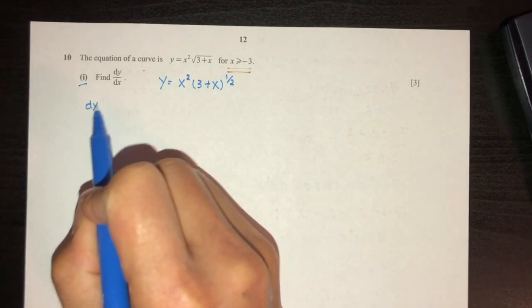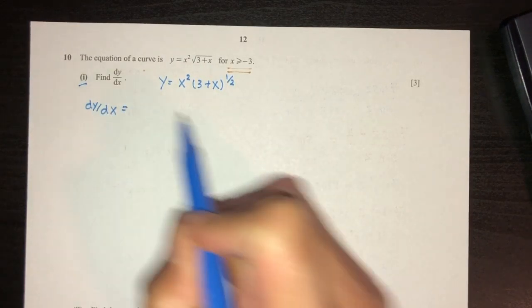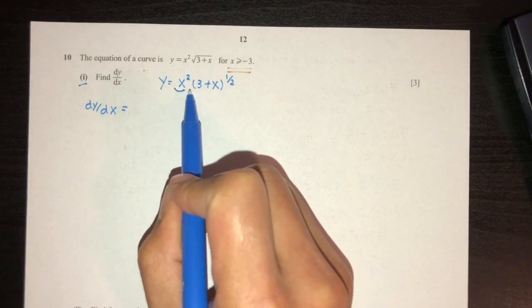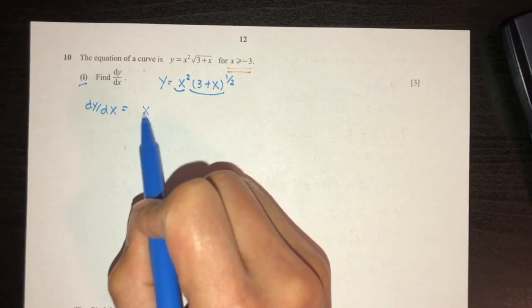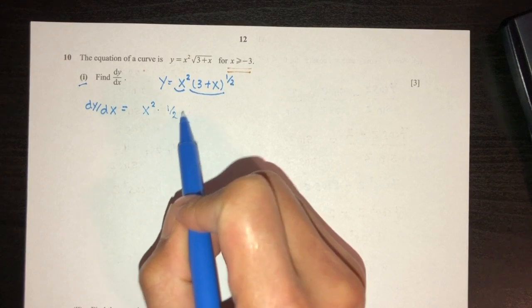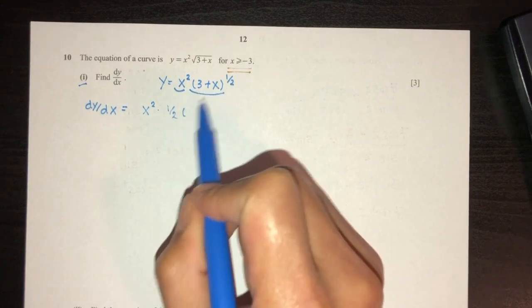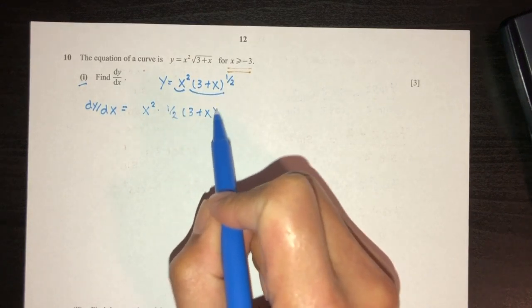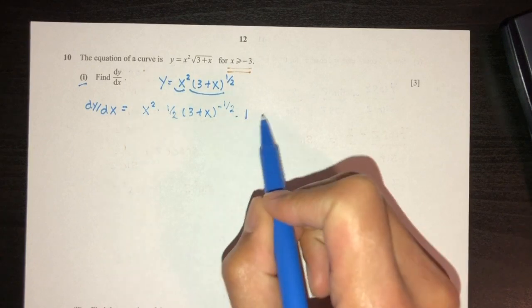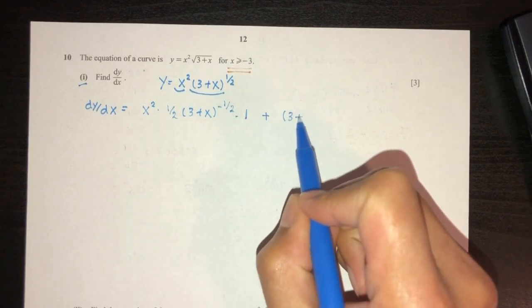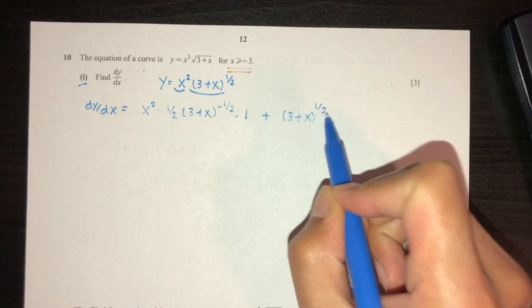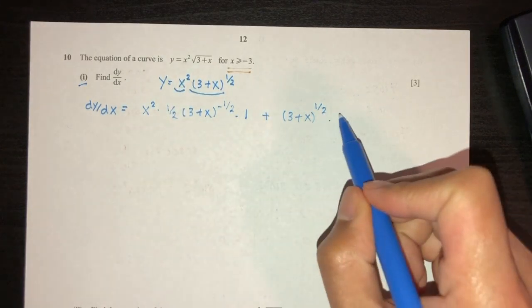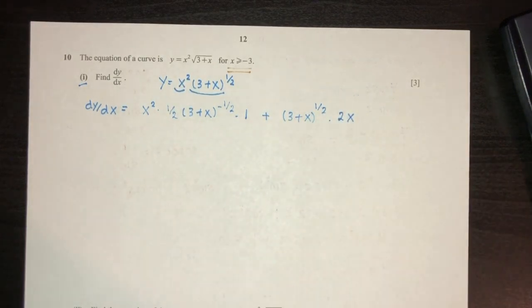So dy by dx is equal to, we have to use the product rule to do this. You will have, first remain the same, you have half times, so we have to times the d by dx of this one. 3 plus x, that will become minus half, and times 1. Then plus the second one will be the same, right? And then times the d by dx of this one will become 2x. Now simplify.